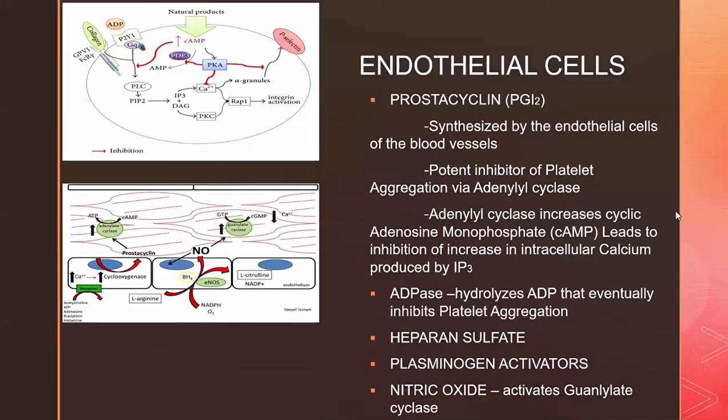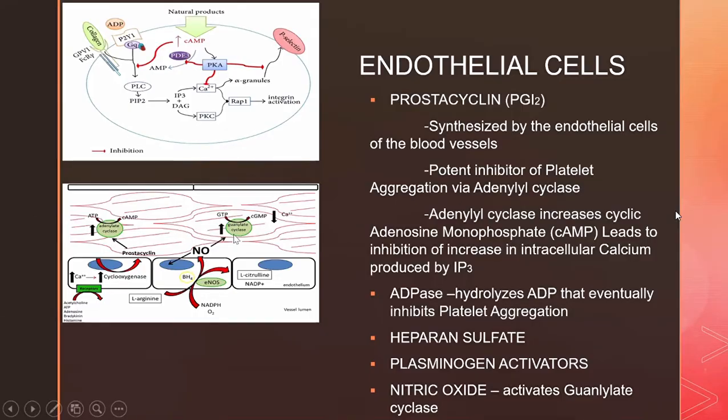Please take note yung ina-act nila ha. Your prostacyclin increases your cAMP via adenylate cyclase. Your nitric oxide stimulates your guanylate cyclase, thus increasing your cyclic guanosine monophosphate. That would lead to decrease in calcium. Okay?